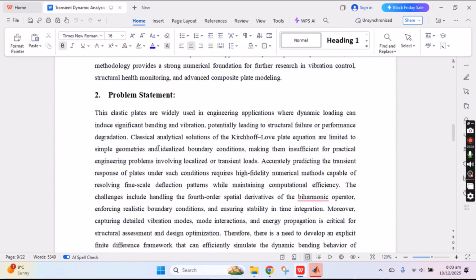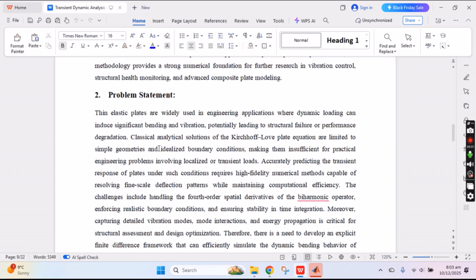Here is the problem statement. We need to check the dynamic behavior of the plate according to the Kirchhoff-Love equations, and how its geometric and idealized boundary conditions are insufficient for practical engineering problem solving.